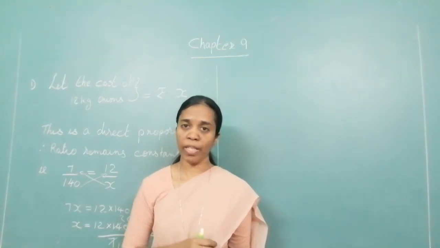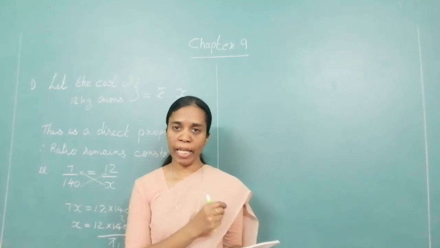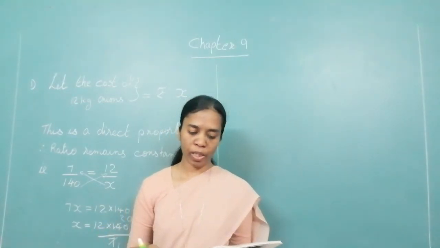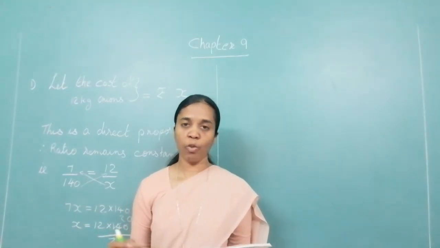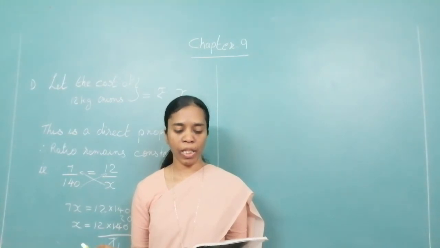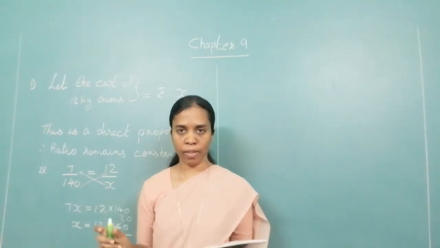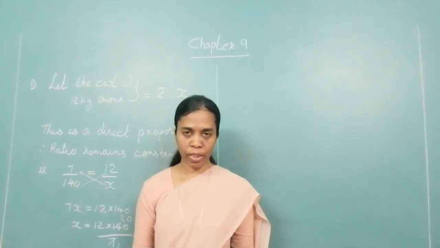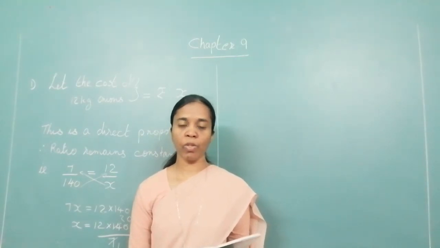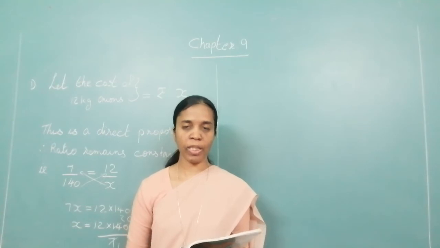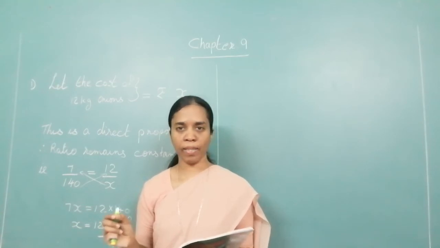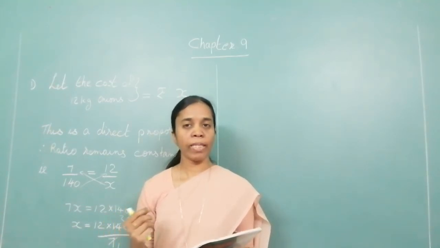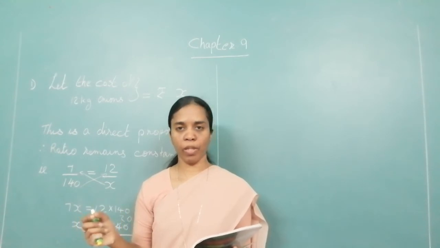So how do we write the first statement? Let the number of bunches we get for 1280 rupees be X. Next step, this is a direct proportion.